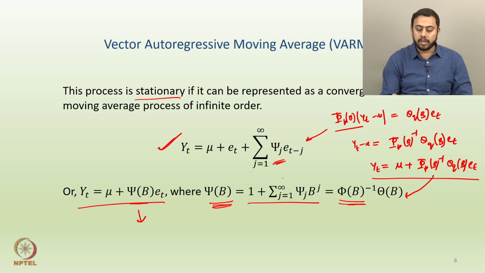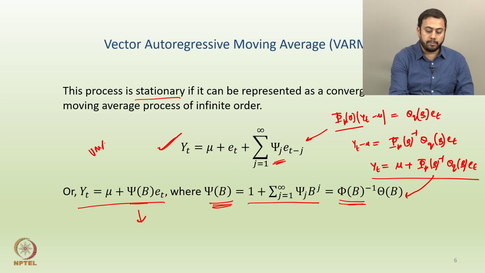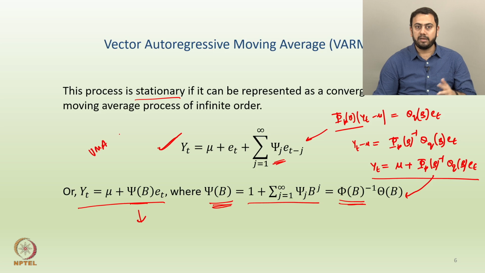Now what is special about this structure is that this is an infinite MA process. Can you see that? Because on the right hand side you don't have any Yts, right? So this is nothing but a combination of simply errors, isn't it? So this is a VMA process of an infinite order, an infinite moving average process.